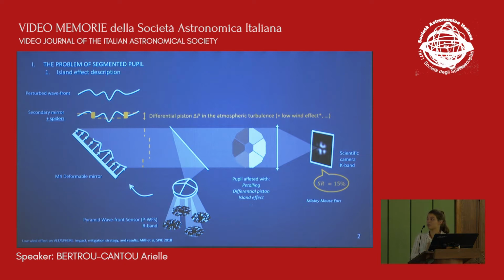But as the pyramid is poorly sensitive to this differential piston, it's not corrected, and it severely degrades the image quality at the scientific camera, with a very poor Strehl ratio.